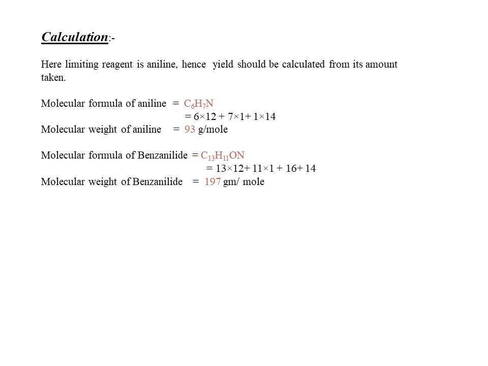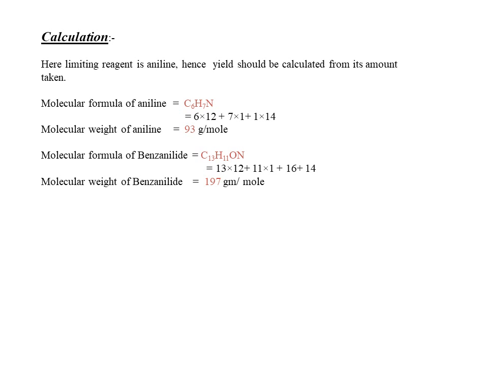So let's move to the next part, that is calculation. Here the limiting reagent is aniline, hence yield should be calculated from the amount taken. The molecular formula of aniline is C6H7N. Molecular formula is the number of atoms present in the molecule. So in aniline, there are 6 carbon atoms, 7 hydrogen atoms and 1 nitrogen atom.